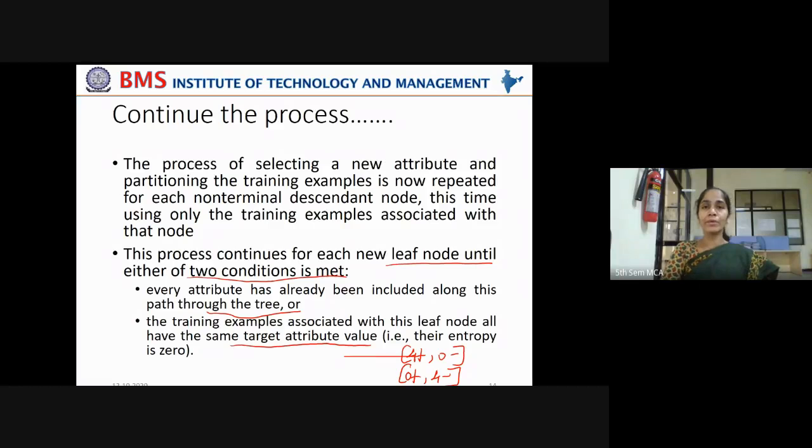That particular attribute is giving a pure classification. Either you can stop there or you can stop when all attributes are used as root nodes, like split points. Okay, that is where the process stops, and that is the final decision tree the ID3 algorithm gives as output and best fit for the training examples given.